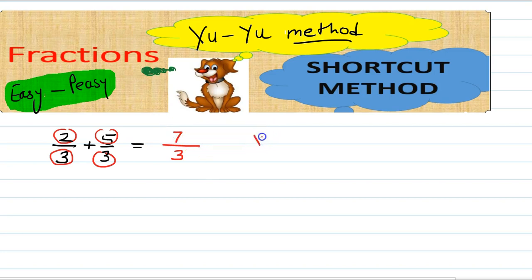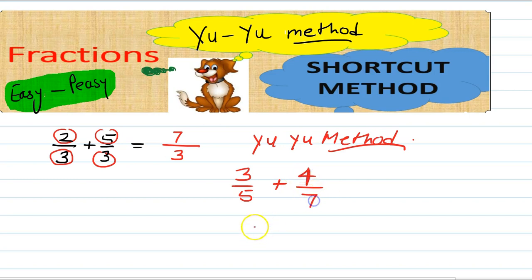But what is the UU method? Yeah, the UU method is really simple. If fractions are like this, 3 over 5 and 4 over 7, you just need to multiply: u, u, and uu.